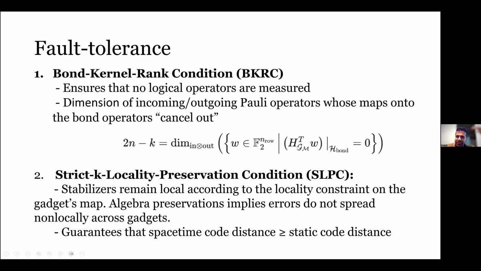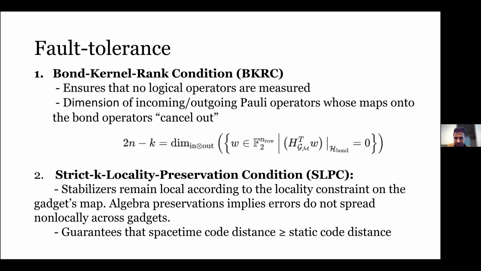which is HG transpose, contains the rows of the stabilizer tableau that is specified for the gadget, meaning it just stores the maps of these different Pauli operators. If you take a linear combination of those rows, it tells you what incoming Pauli operators map onto the bond operators in a way that their action on the bond operators cancel out.